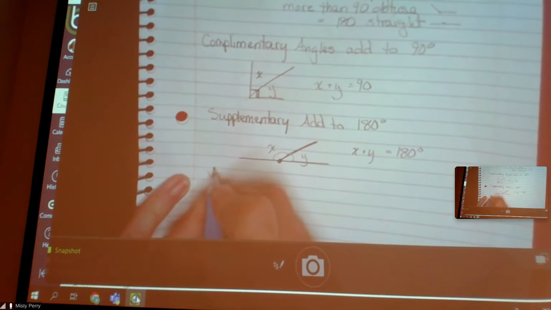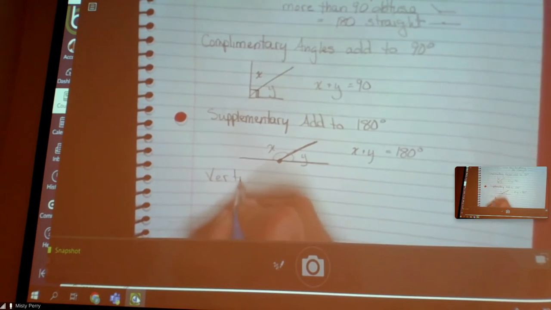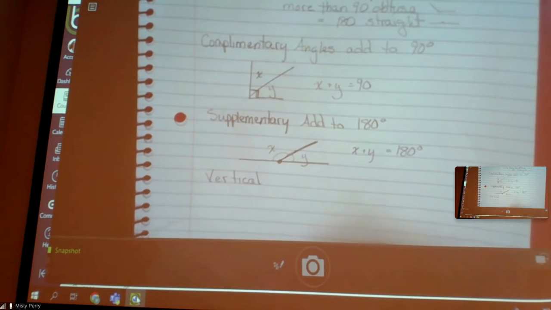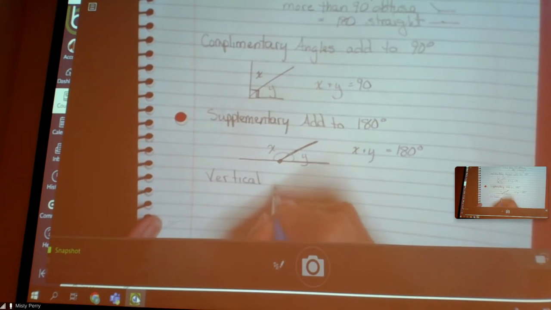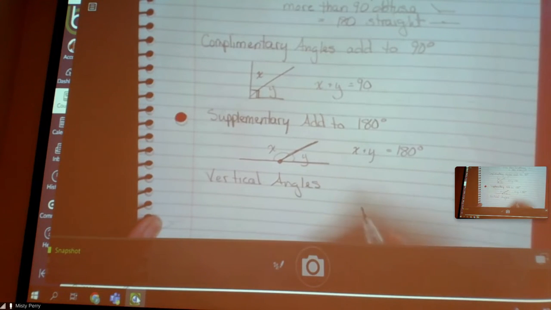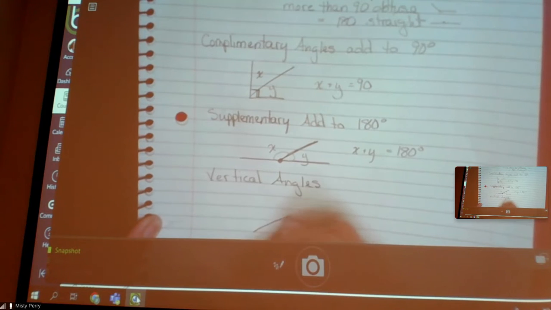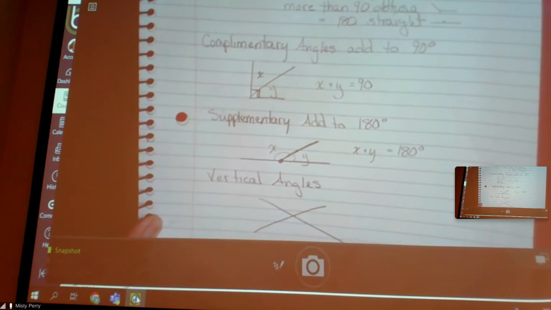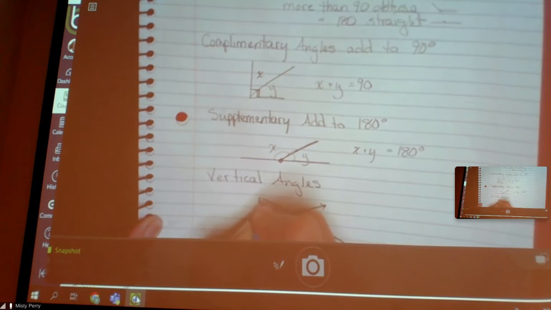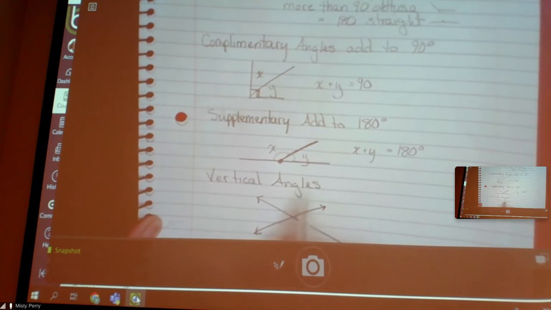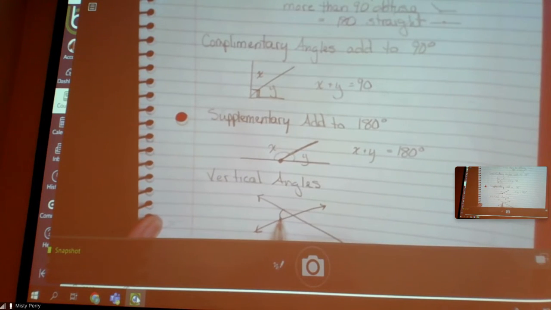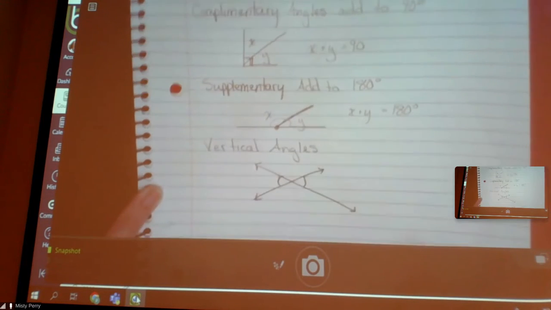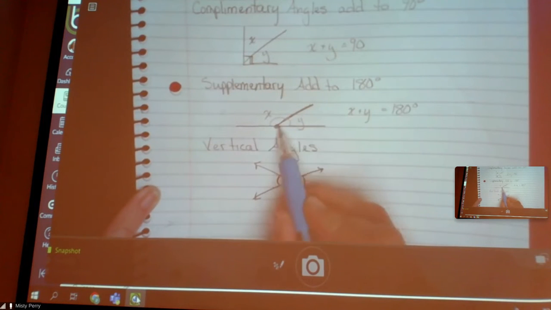There's a thing called vertical angles. V-E-R-T-I. I don't know how to spell vertical. I'm a math teacher. Vertical angles are when you have two crossing lines like this, and you're looking at angles that are not adjacent. So they do not share the same leg.